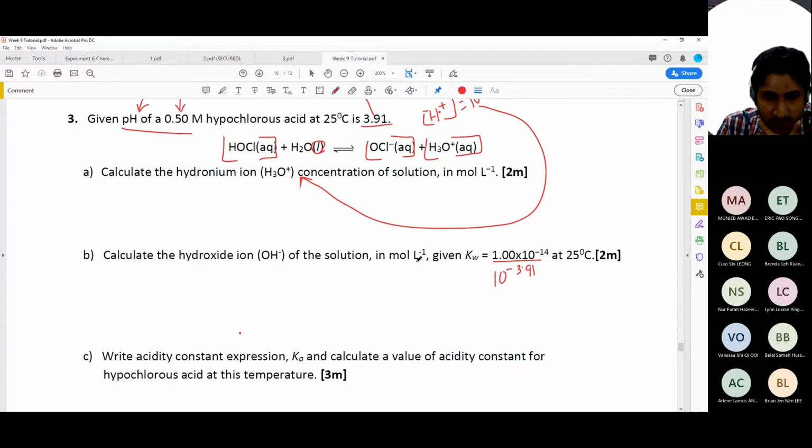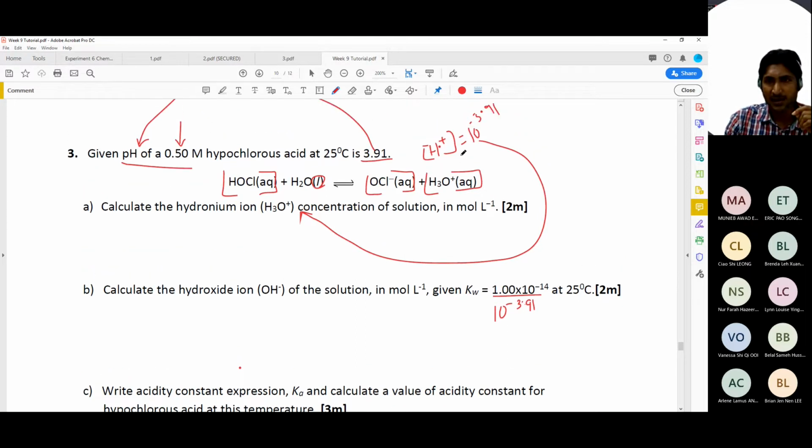And then from there we can find the Ka value as well, because we already have everything. Since we have found the hydronium ion, the hypochlorite ion will be the same, because the same amount of hypochlorite ion and hydronium ion will be in the solution. So it is squared.